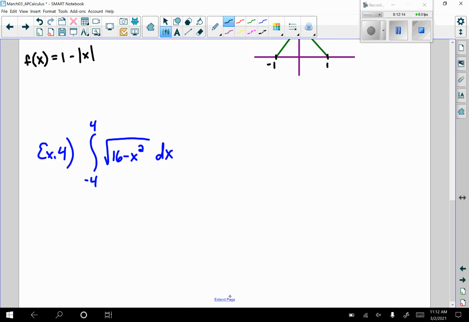And now in example 4, our function here is the square root of 16 minus x squared. So do you remember what that graphs? It should graph a semicircle, the upper half with a radius of 4.